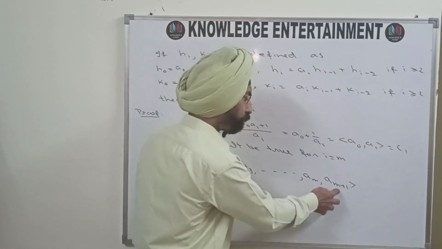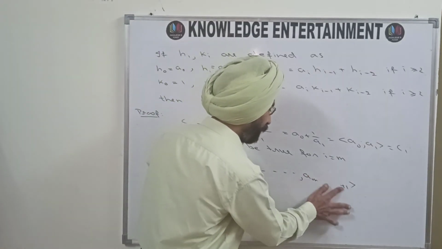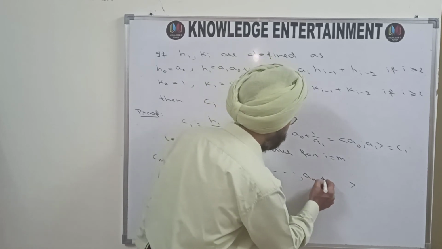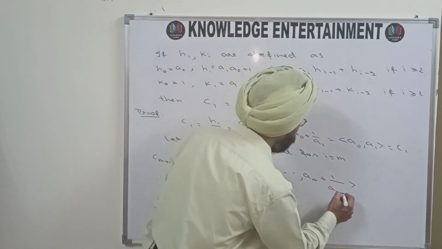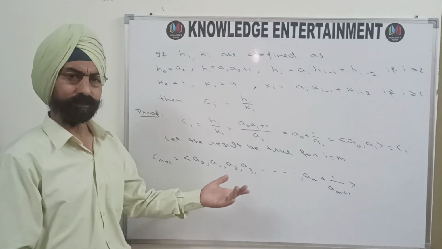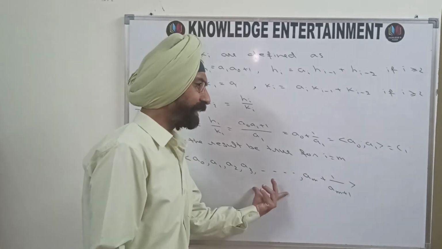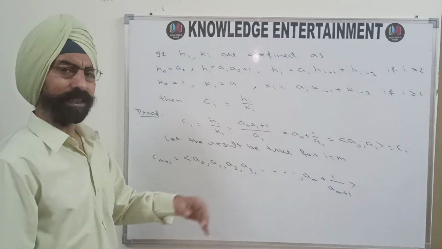So this Am plus 1, I am going to write it as Am plus 1 upon Am plus 1, which will give you the same rational number. So this is your Cm plus 1.